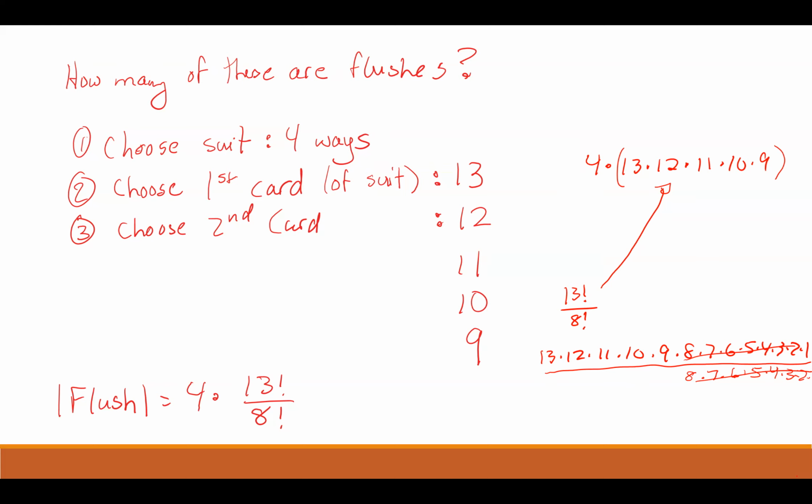Precisely, yeah. So 13 is our n, and our k would be 5. So n factorial over n minus k factorial. Yes, that is correct. Good. Other questions?